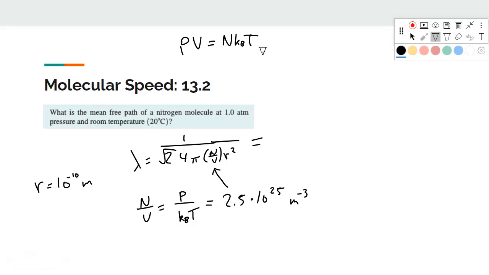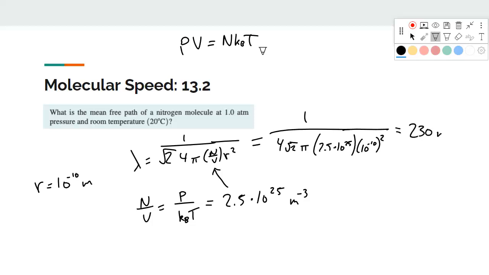And so now we plug all of this into this equation for lambda. We have 1 over 4 root 2 pi times 2.5 times 10 to the 25, and then times 10 to the minus 10 all squared. And we should get something around 230 nanometers, which is 2.3 times 10 to the negative 7 meters.